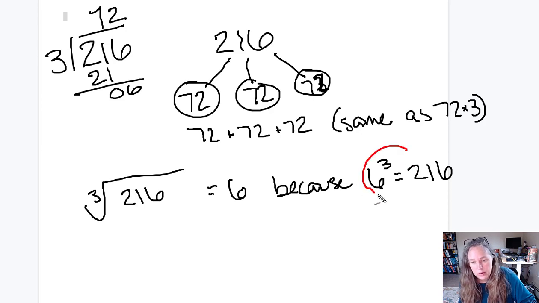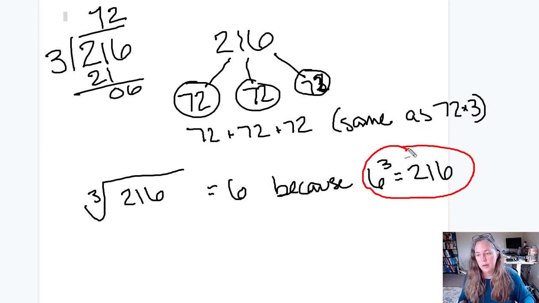Okay, so when you do cube roots on Khan today, I'm going to have you use the perfect cube chart that you made. Use that because I'm not expecting you to memorize all your cube roots. It'd be great if you had 1 to 10 memorized. It's fine if you have 1 to 6 memorized.